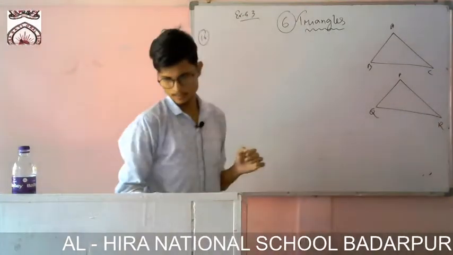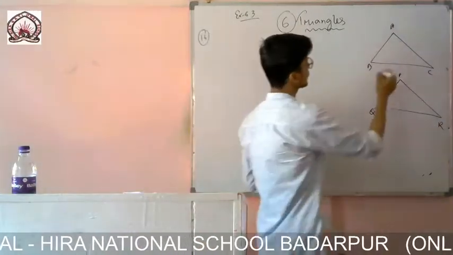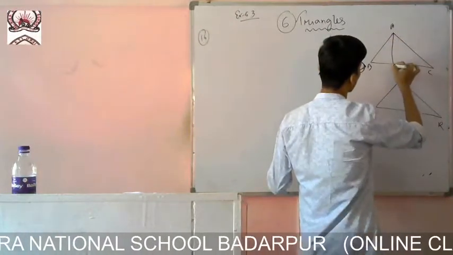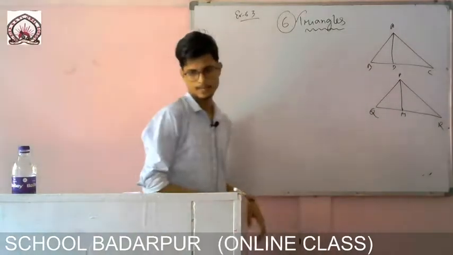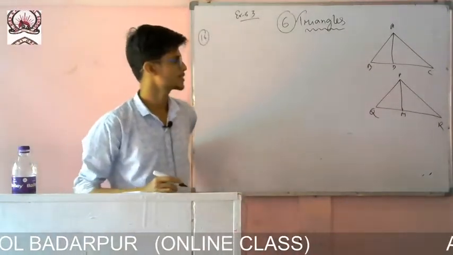And the medians given are AD and PM. So this is our two triangles.